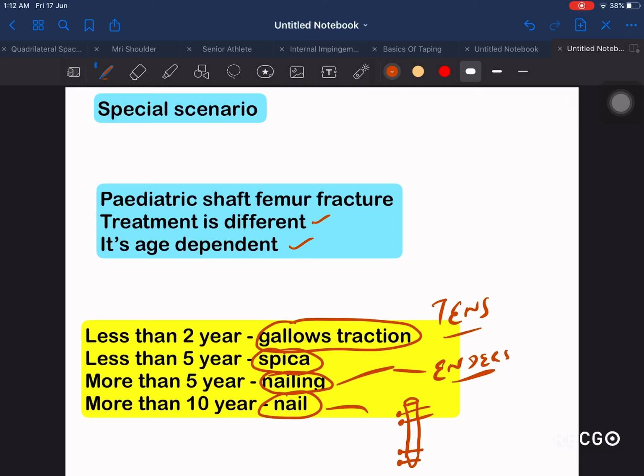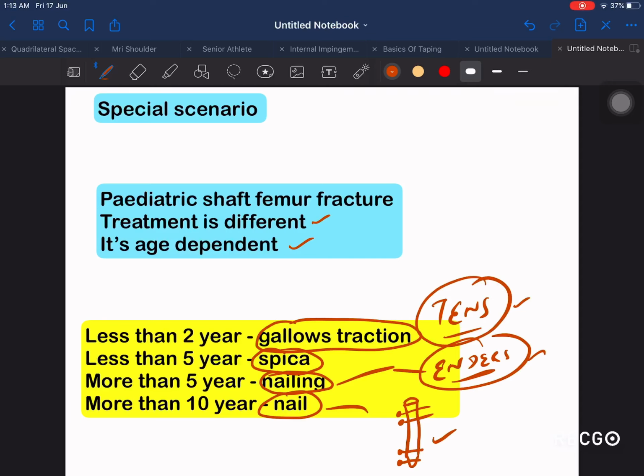This is an example of a straight interlock nail. This is how we push it, and there is an anterior bow also. Now, if the patient is 5 to 10 years and lightweight, then we go for TENS. If heavy, we go for Enders.